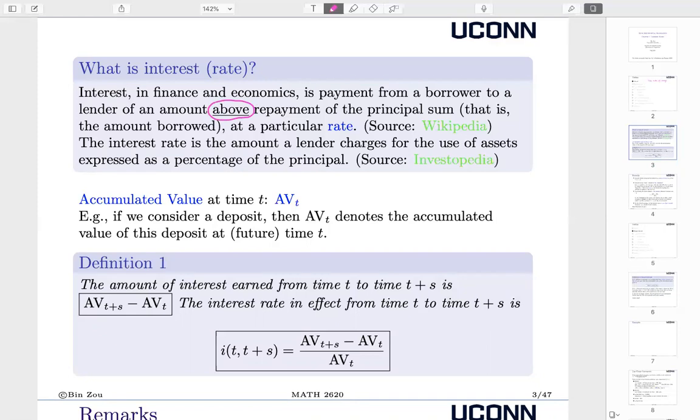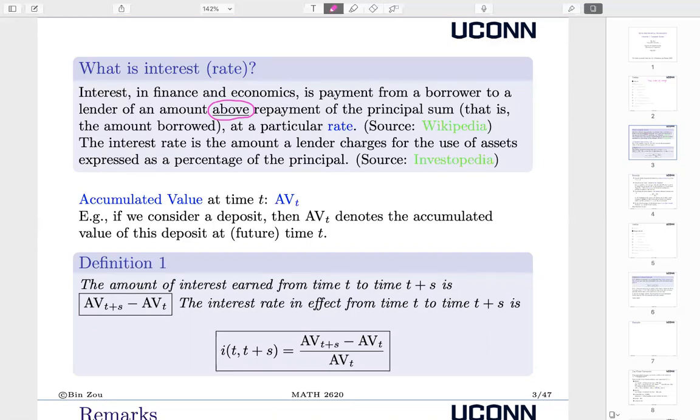So above means, let's say you borrow $1,000 from a bank. At the time of the payment, typically you will pay more than $1,000, right? So the extra amount is calculated using a specific rate. That rate is often called the interest rate.